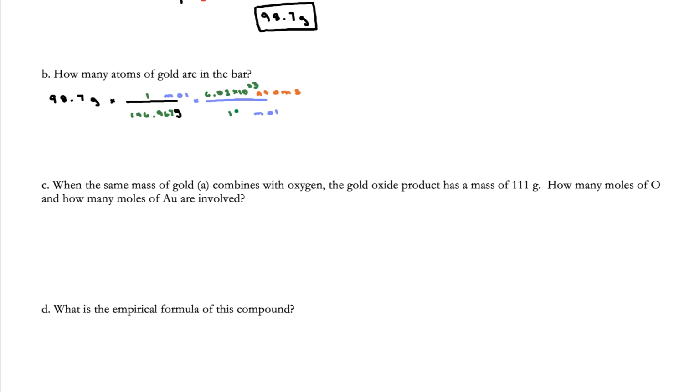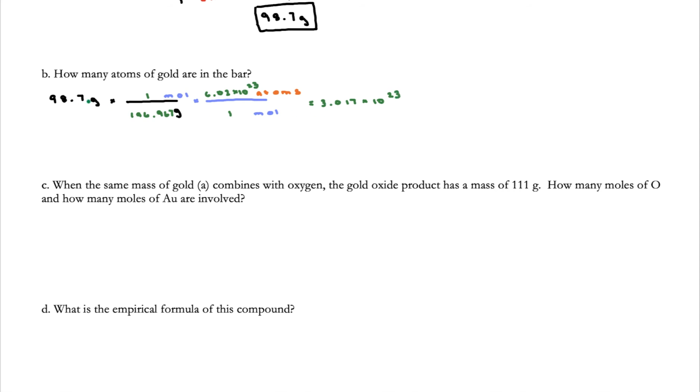And so what I now need to do is take 98.7, divide by the molar mass, 196.967, and then multiply by Avogadro's number, 6.02 times 10 to the 23rd. What I get unrounded is 3.017, and it keeps going, but I'm not going to write that, times 10 to the 23rd. All right, that's a lot of atoms, but it makes sense.